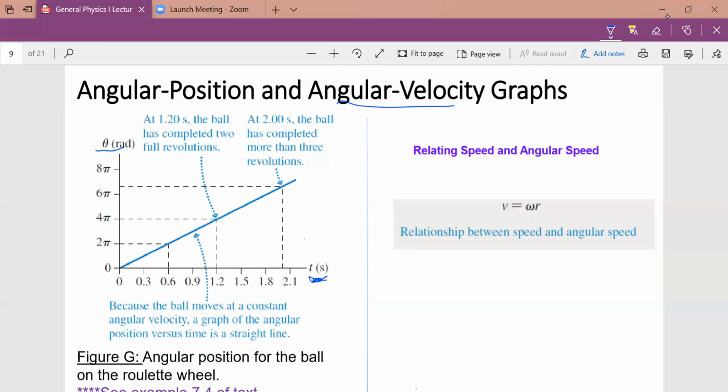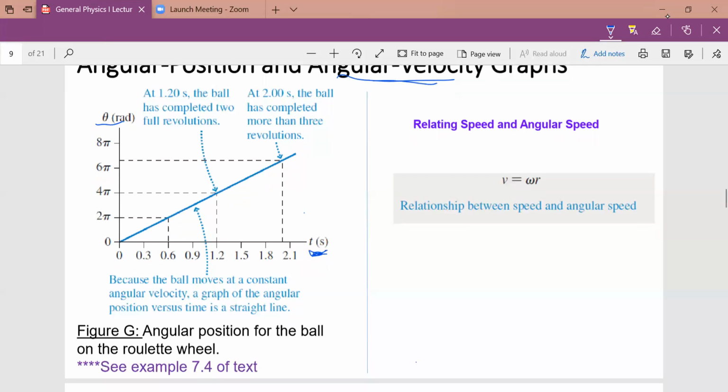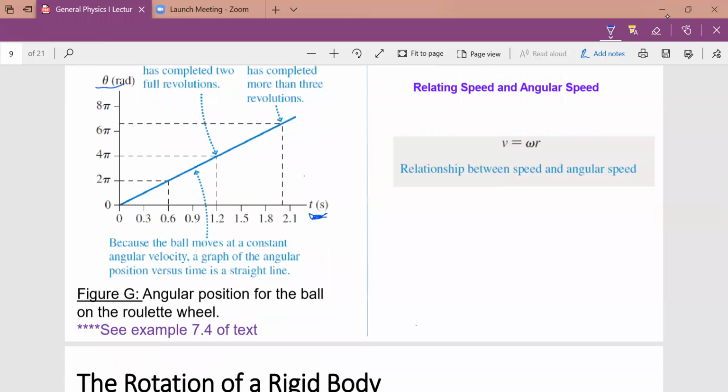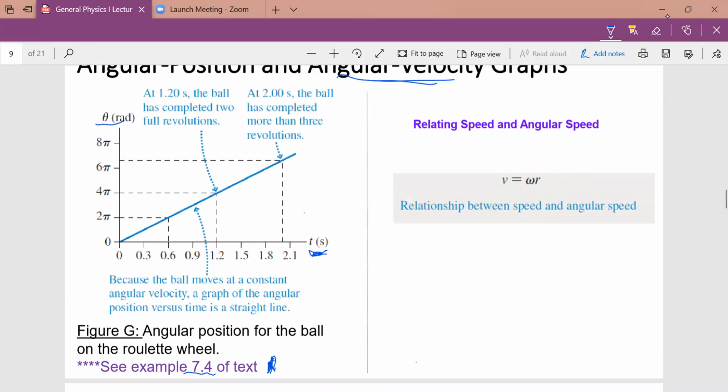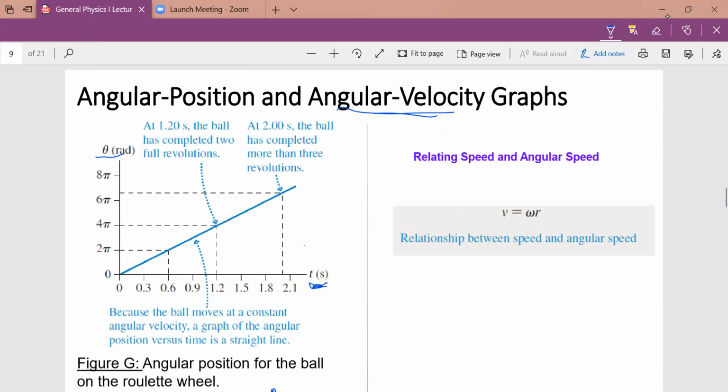Take the slope and then stretch over the time to get the velocity time graph. So I'm not going to dwell so much on it, but I'll advise us to check example 7.4 of our text.